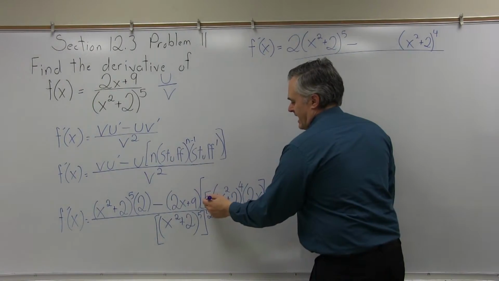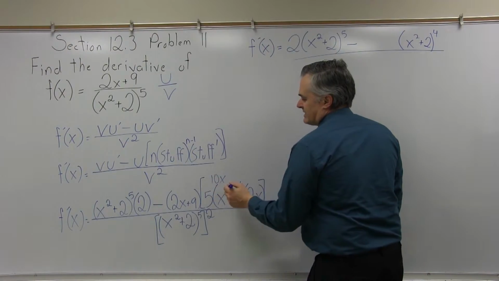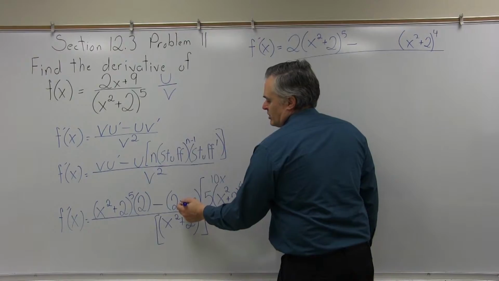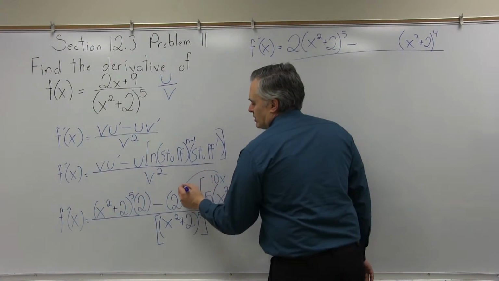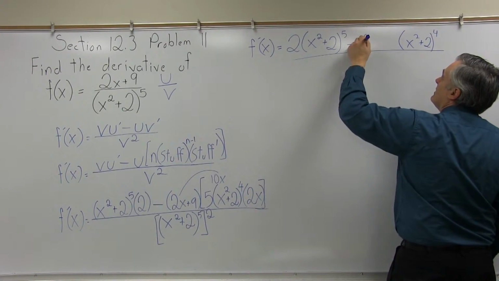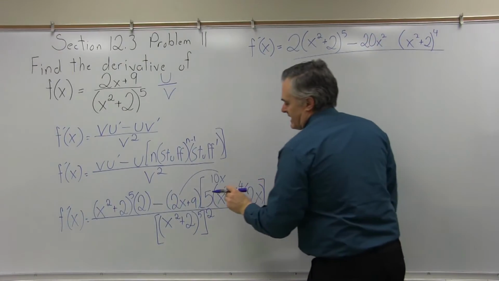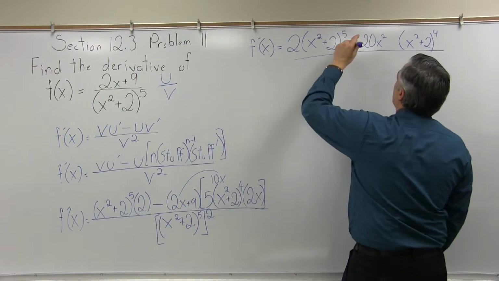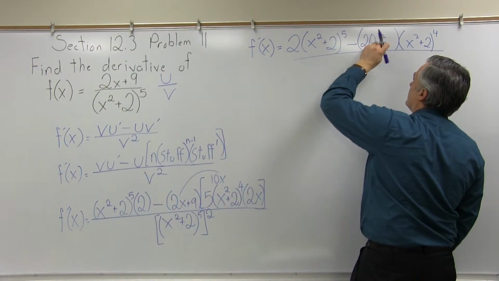I basically have a 5 times 2x is 10x, and that 10x is being multiplied times the 2x plus 9 in front. So 10x times 2x is 20x squared. And now for the sign, because of the minus in front, that's being subtracted. Well, let's make some parentheses so I don't lose that negative.